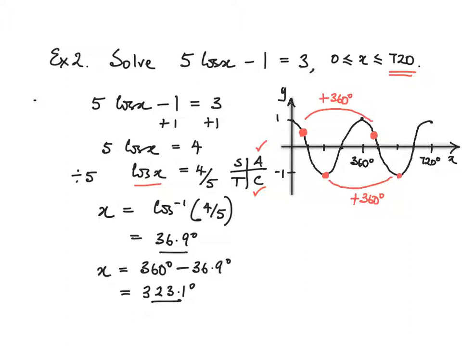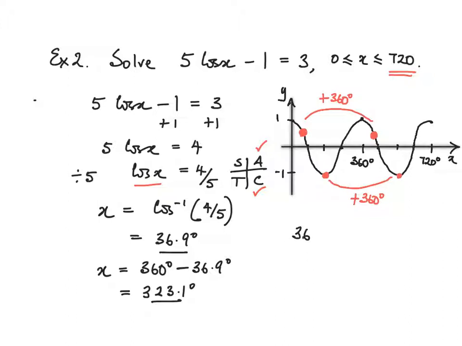So if I want to get the two solutions to this equation which lie between 360 and 720 degrees, what I'm going to have to do is add 360 degrees to both of the answers.